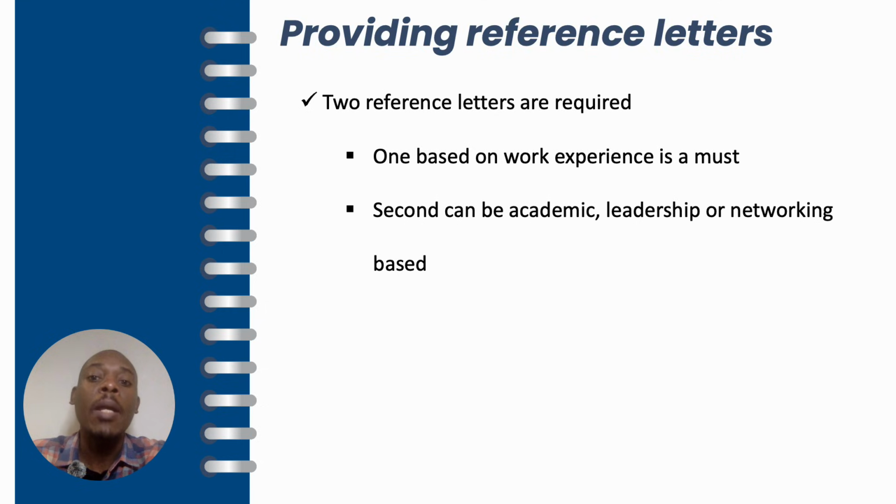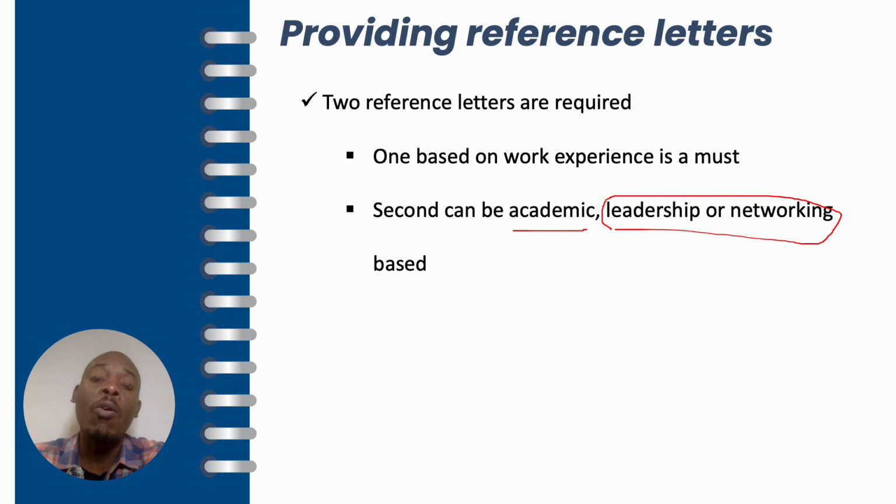It can be a readership, it can be networking based. However, for me, considering the objective of the scholarship is trying to demonstrate how you are involved in the development of your community, I would suggest that your second reference comes from either your readership or your networking involvement and not your academic involvement.